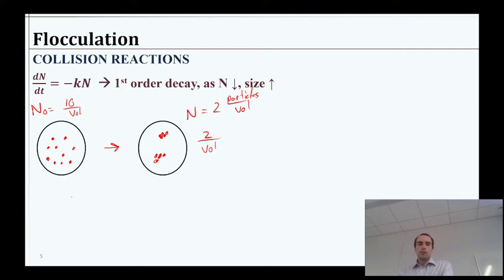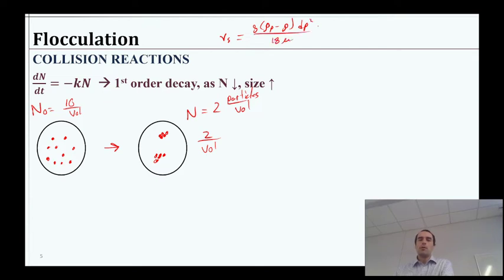What's then interesting is we can say, well, as n decreases, the size of the particle is increasing correspondingly. And that's really what we want. If we remember back to our velocity of sedimentation equation, that was g times rho particle minus rho water times diameter of the particle squared, over 18 mu.